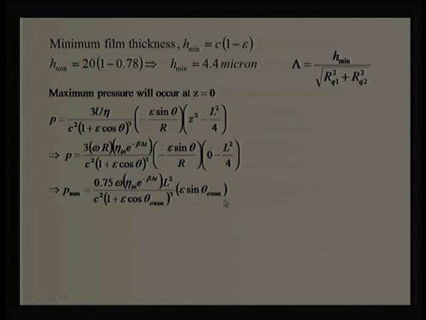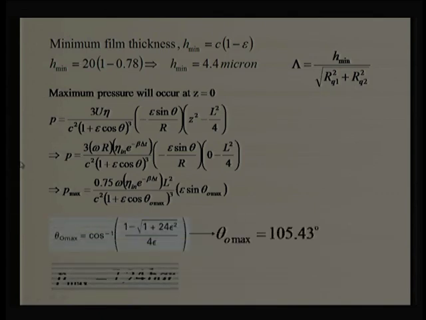Once we have that, substitute those values over here and find out maximum pressure. In our case, this has been done and we find this location of maximum pressure, theta 0 max, depends only on the eccentricity ratio. That is what is shown over here. It is 1 minus square root of 1 plus 24 epsilon square divided by 4 pi. Now, we know this will always be greater than 1.